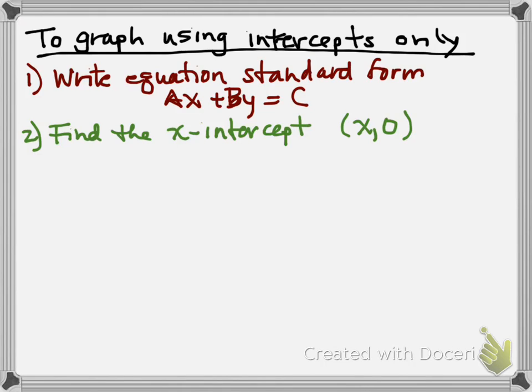What we're going to do is take our ax plus by equals c, and we're going to substitute in 0. Why? Because that's the coordinate of the y value, okay? So actually, it's going to take the place of the y.